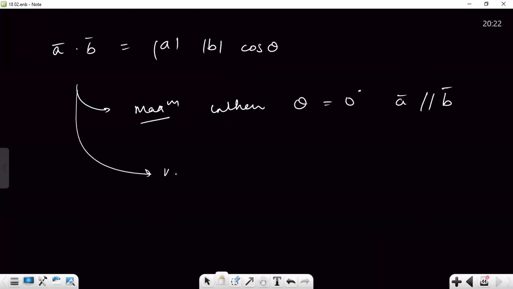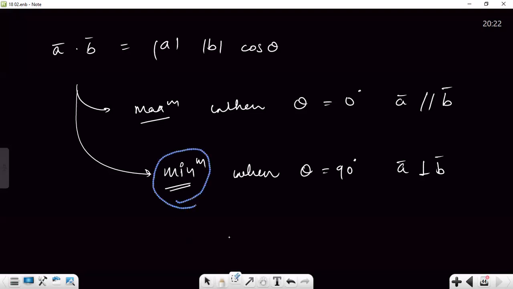It will be minimum when theta is 90 degrees. Or should I say null, because minimum will be something else. It will be null or 0 when the vectors are perpendicular.